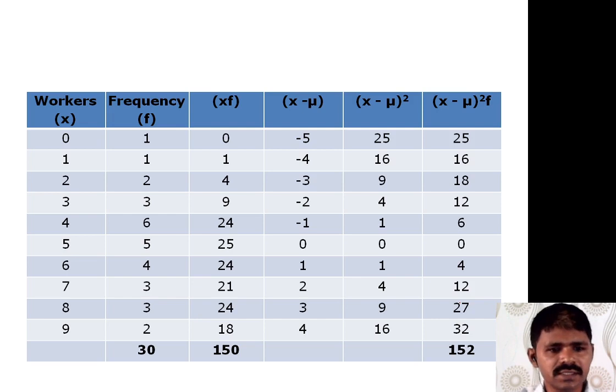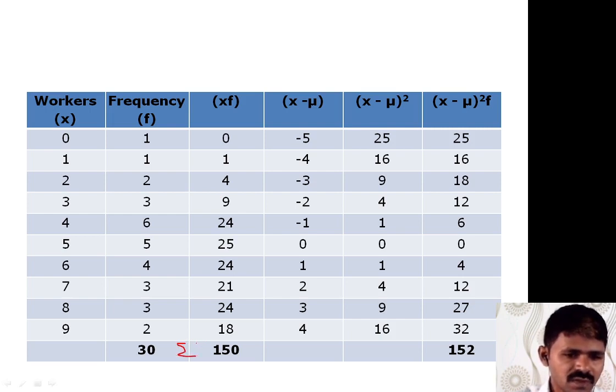You see here the xf values for all the categories of number of workers hired, from no one hired to 9 workers hired. The sum of xf is 150.